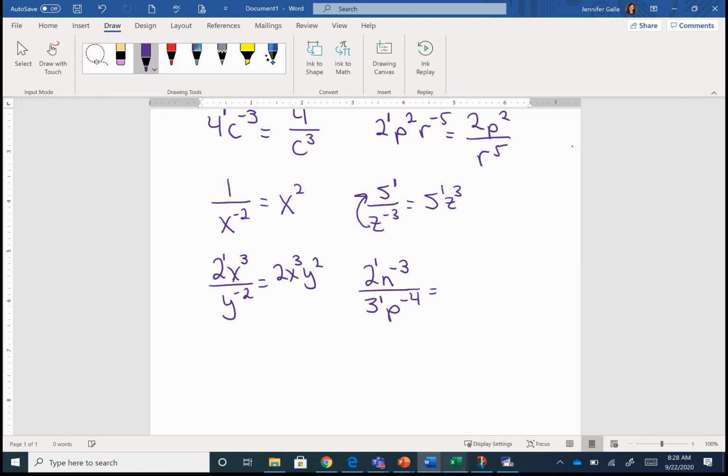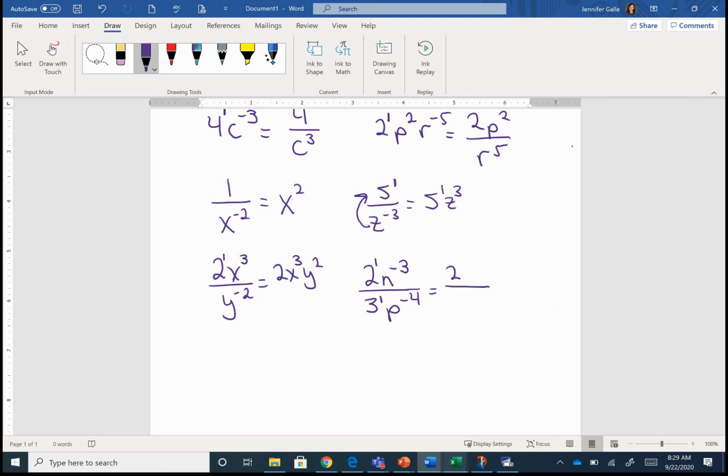Now, that last one, I did put everything together on you. We have a negative in the top, and we have a negative in the bottom. But, guys, we can do this. Positive exponents stay right where they are. So 2 to the positive first stays right where it is. Where does my n to the negative third need to go, though?